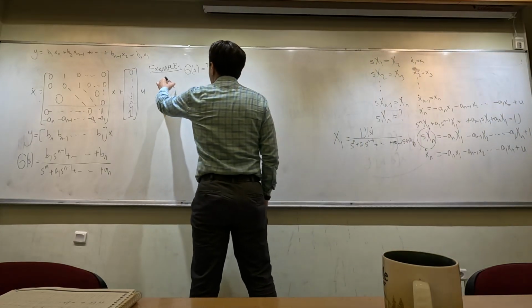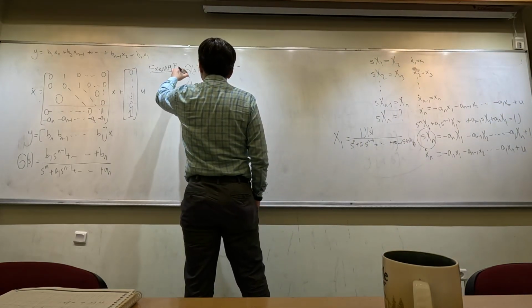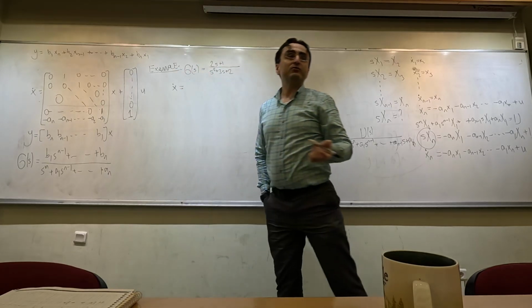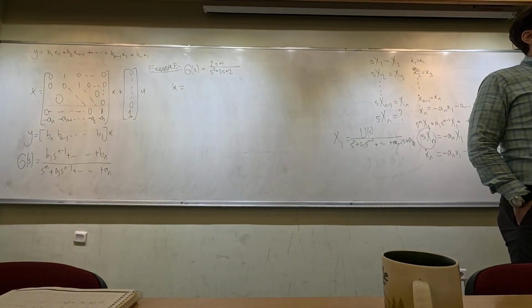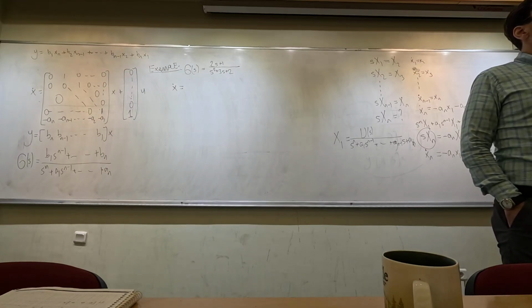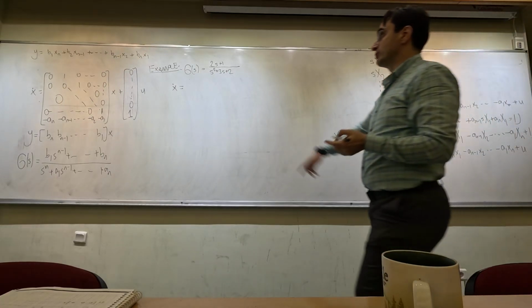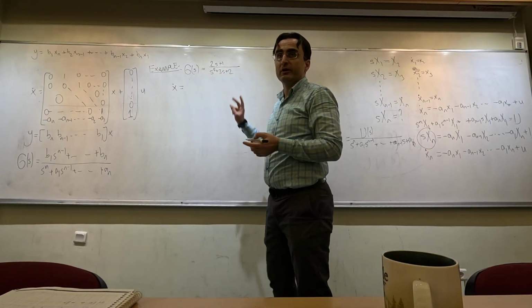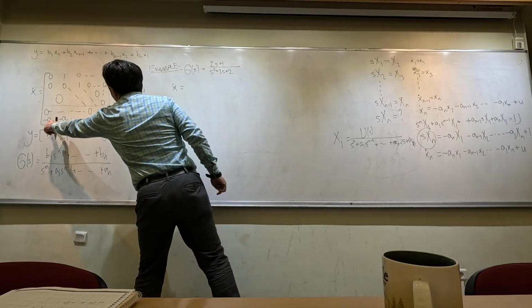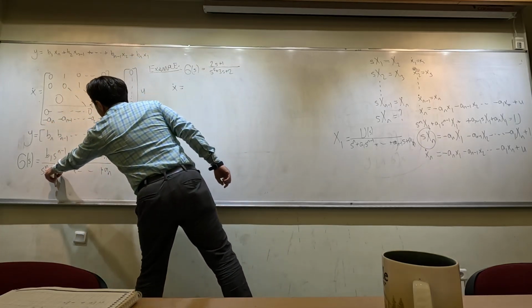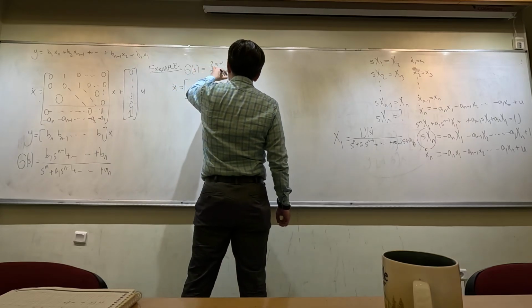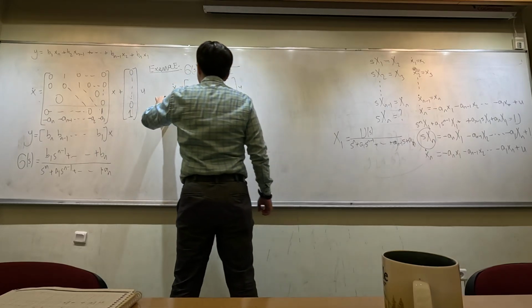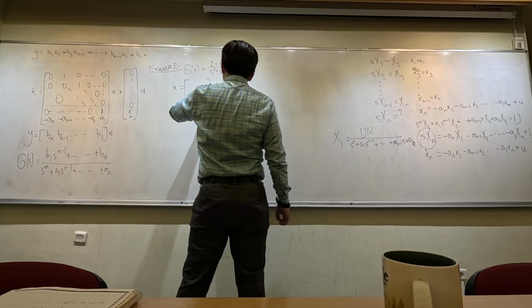So here I will write x dot is equal to, what is going to be the size of my A matrix? Size of A matrix, 3 by 3? It's going to be 2 by 2. The order of the system is 2 here. That means that, so here there are n elements, the order of the system is n. So I have here a 2 by 2 matrix and a 2 by 1 vector, and y is equal to Cx here.